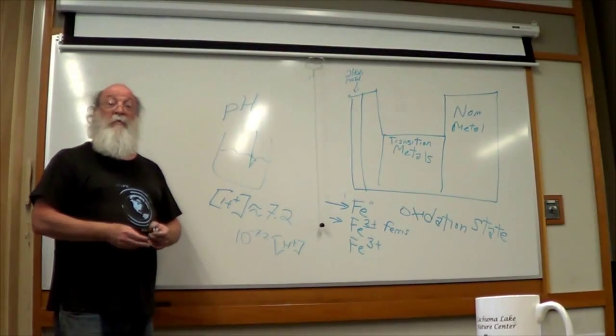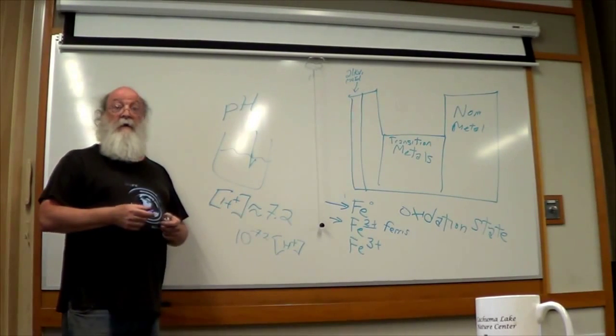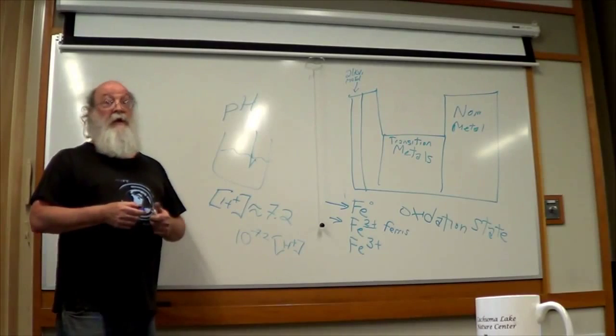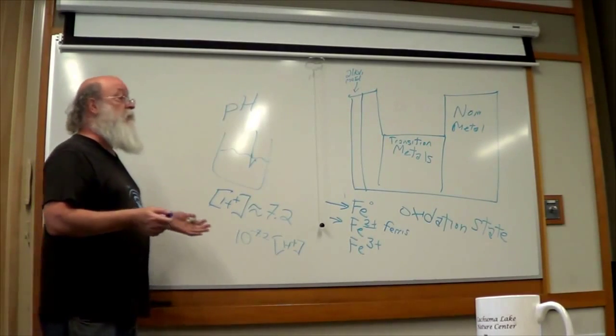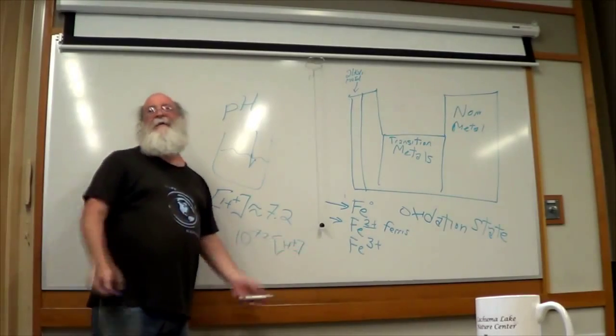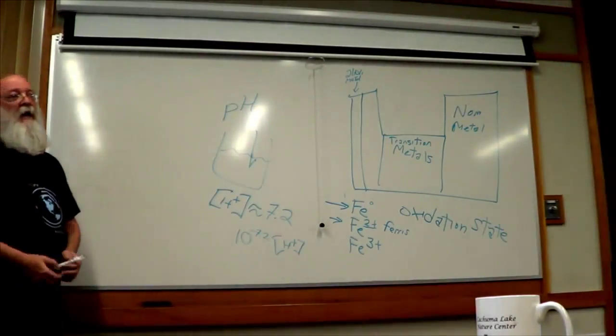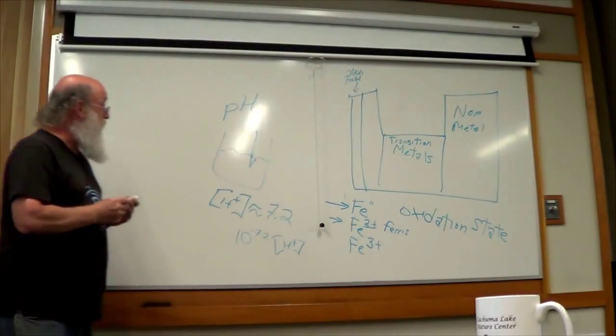But as it gets more basic, pH 10, 1 hydrogen ion in a billion. pH 13, 1 hydrogen ion in a whole mess. However, pH 1, lots and lots of hydrogen ions, way too many.